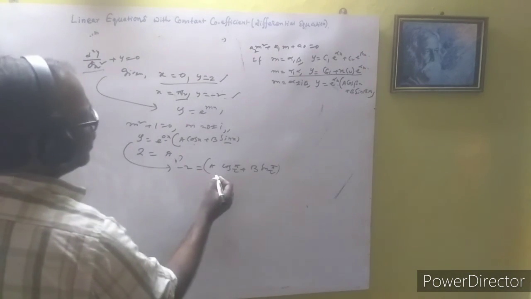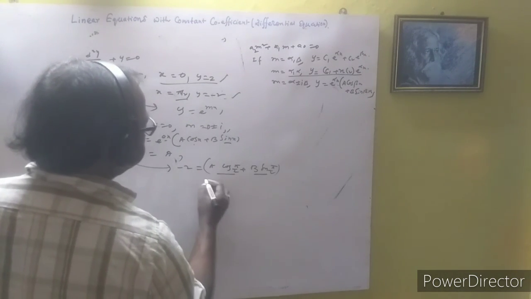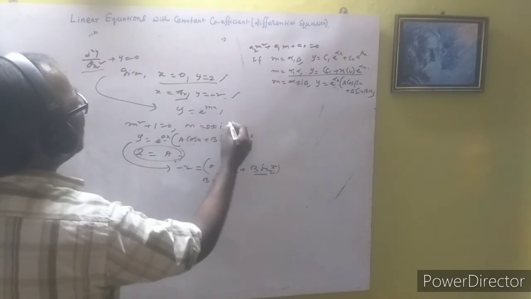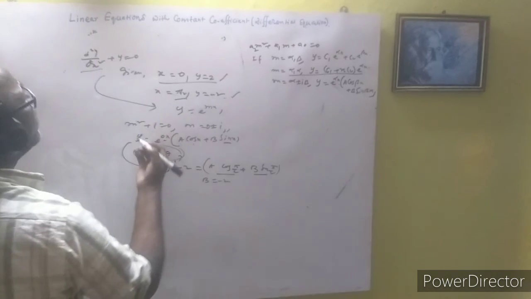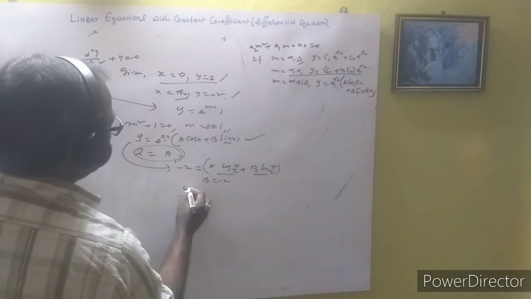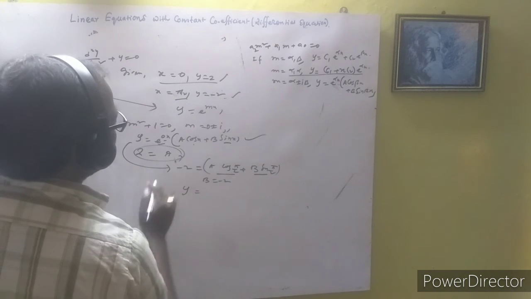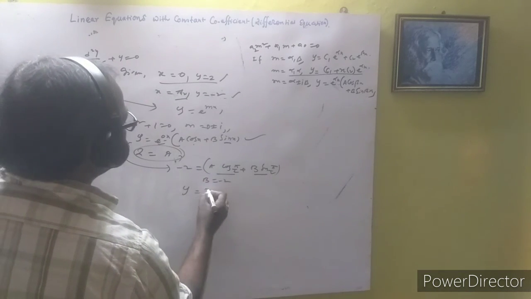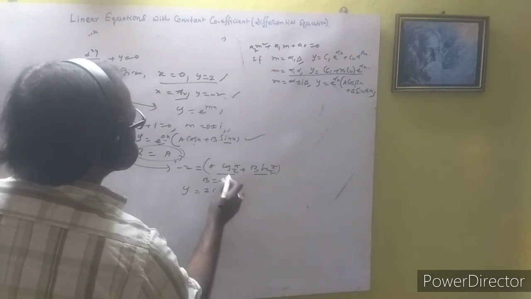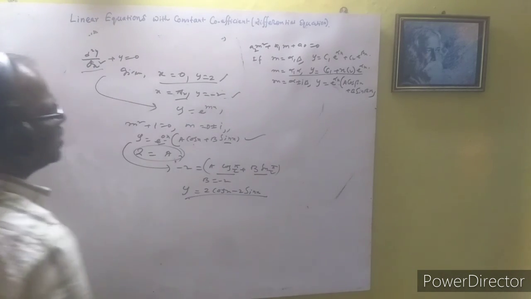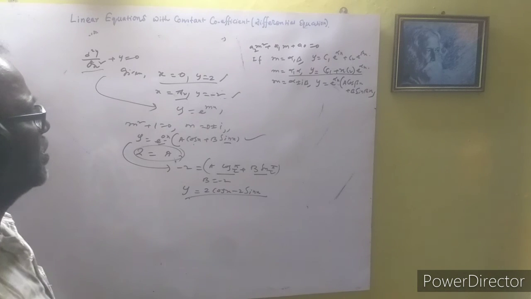Now see, this is 0, so b equal to minus 2 here, a equal to 2. So the solution of our equation, we can write, e to the power 0 means 1, a cos x, a means 2 cos x, b means minus 2 sin x. Okay, this is the solution of this problem.